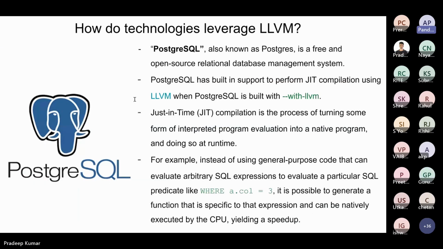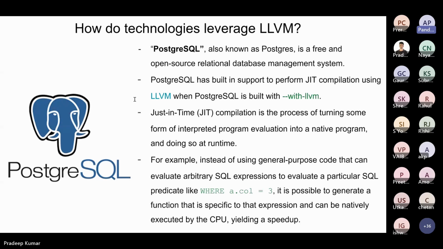One more unique way of using LLVM is in databases, more specifically in Postgres. Postgres is a very popular relational DBMS that many of us have used in college and many of us use at work. Postgres now has built-in support to perform JIT compilation. The way SQL queries are normally evaluated is by using an interpreter, line by line.